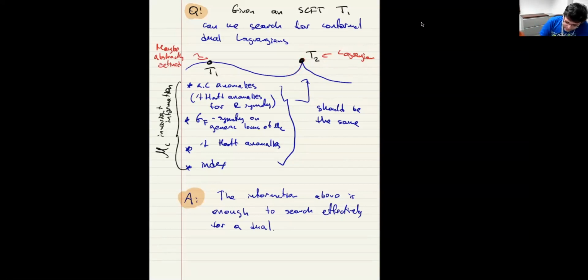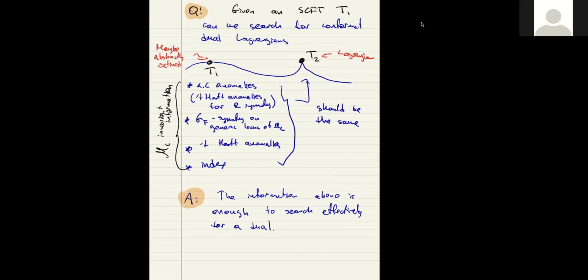And the important thing is that this very small amount of information, this MC invariant information, is actually sufficient to find candidates for such conformal duals or rule out the existence of such conformal duals. And the algorithm is very simple. We'll now discuss it, and then we'll give a very detailed example. Any questions about the question and the answer?